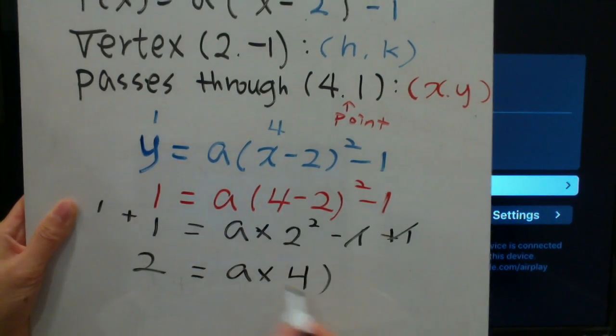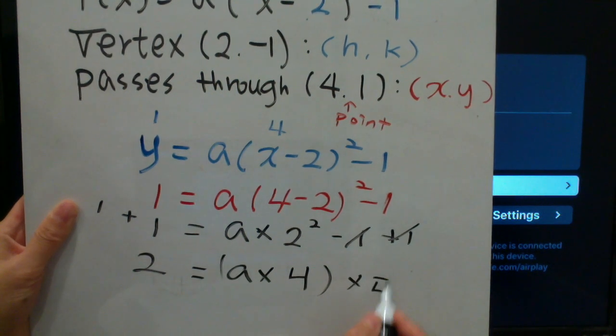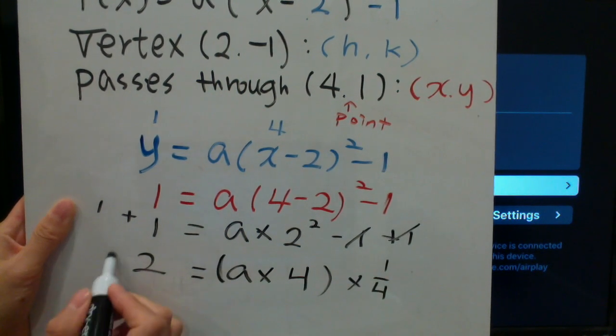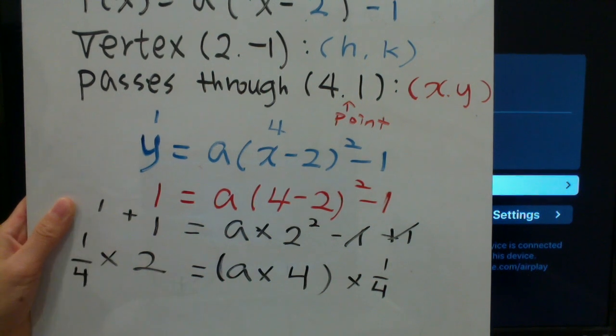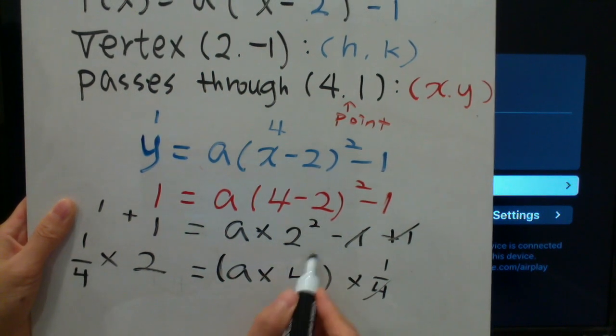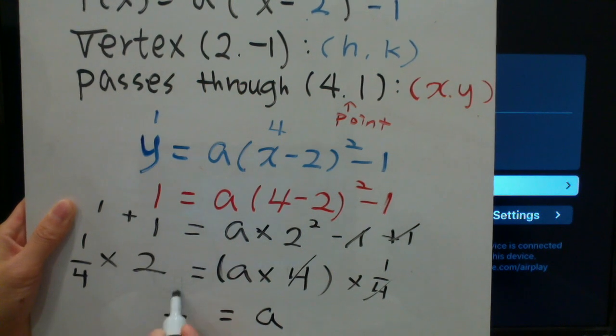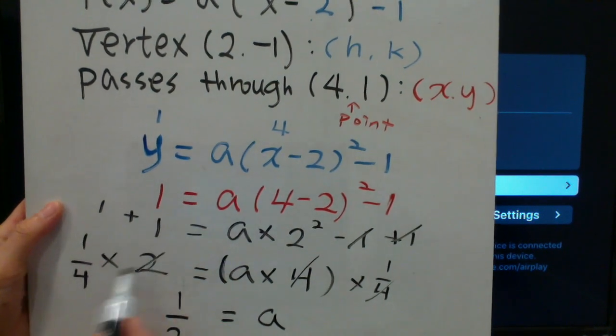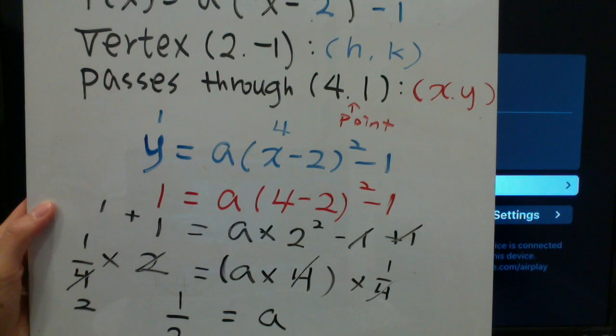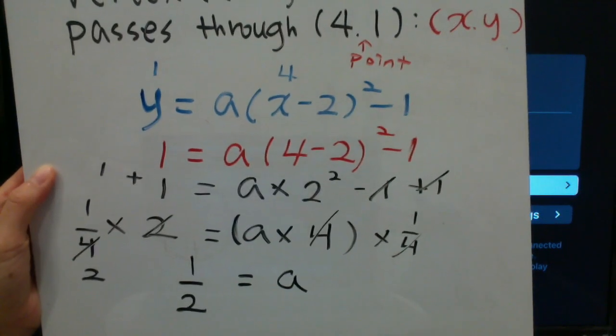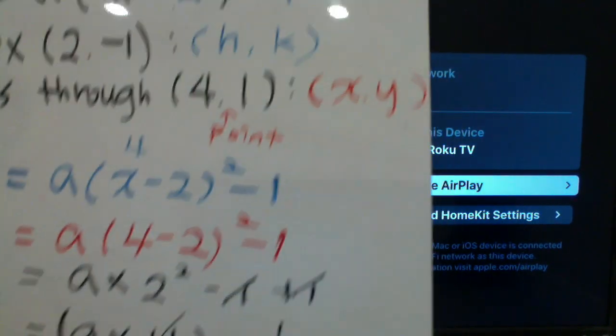So I will multiply by 1 over 4. So A is 1 over 2.